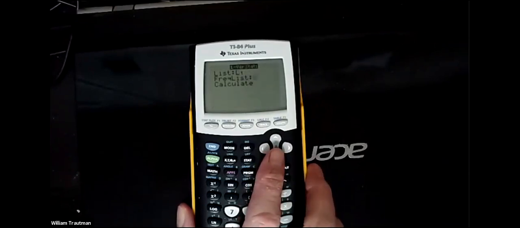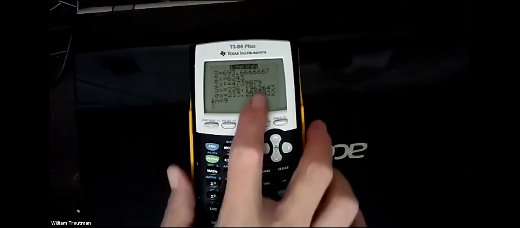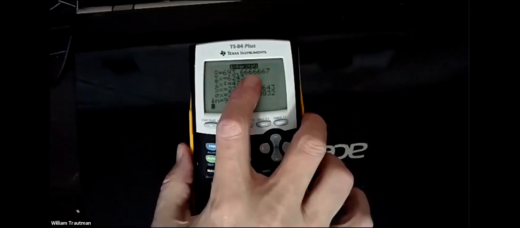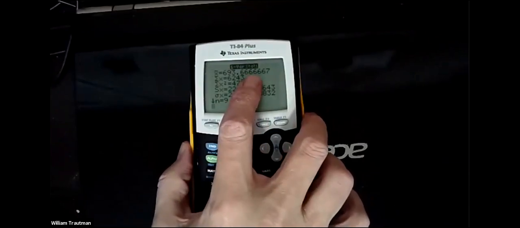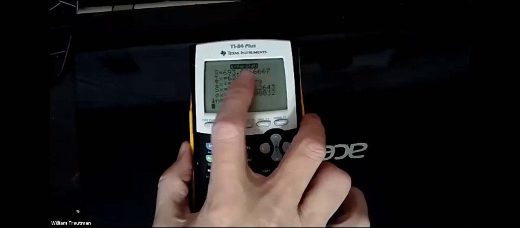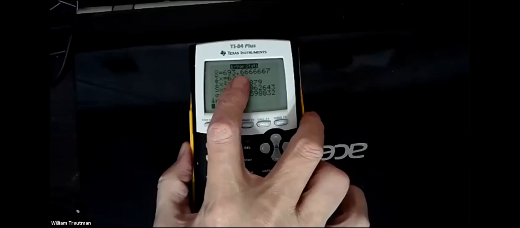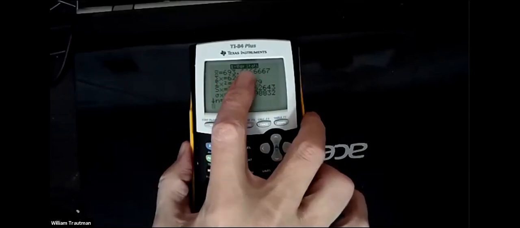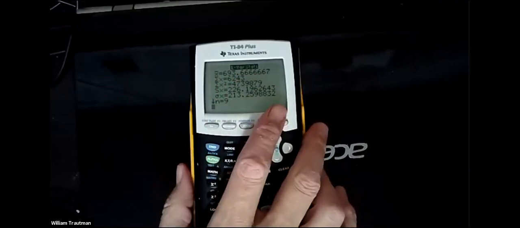List should say L1 because that's where my data is. Frequency list should be blank. I go to calculate, hit enter. And I have my average. I just have to know my data has no decimal places, so I can put my answer in 1 decimal place. 693.7. Okay.